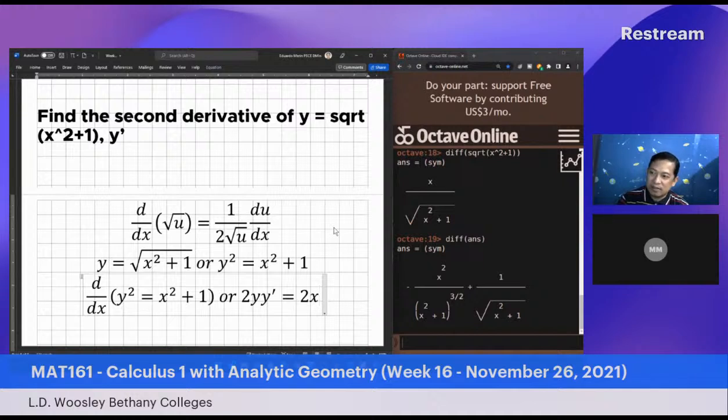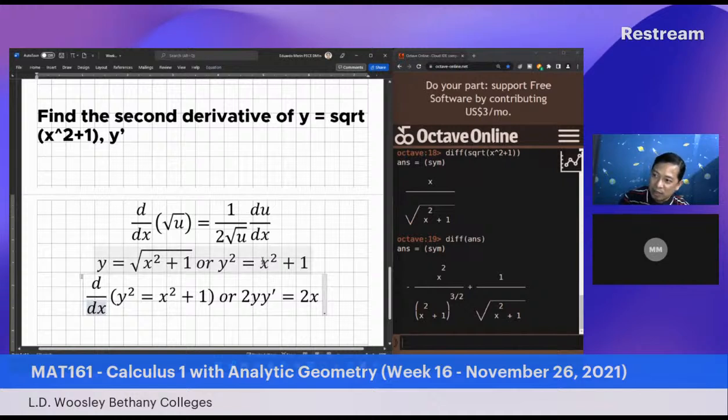Okay, make sense? Since your differentiable variable is x, when you take the derivative of y, the y cannot just disappear. You need an indication that it is y prime, because what you're differentiating with respect to is x, not y.